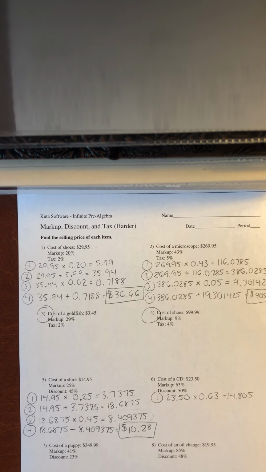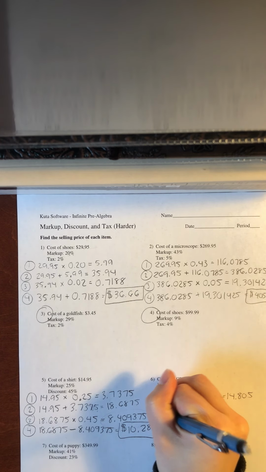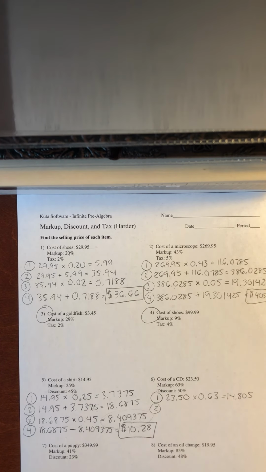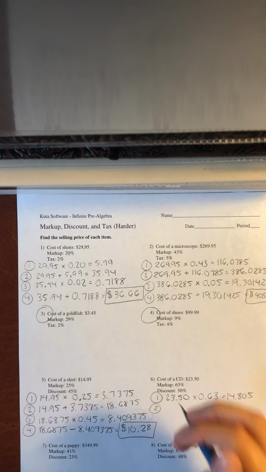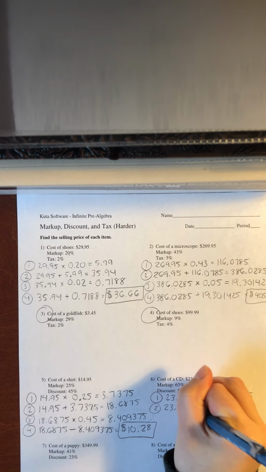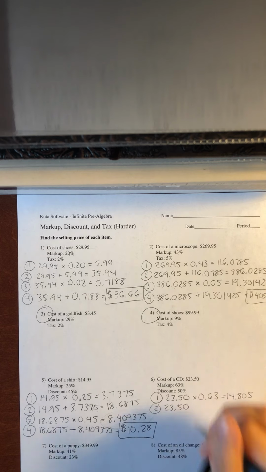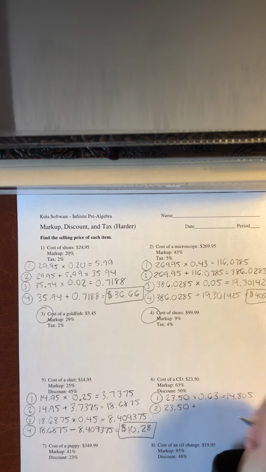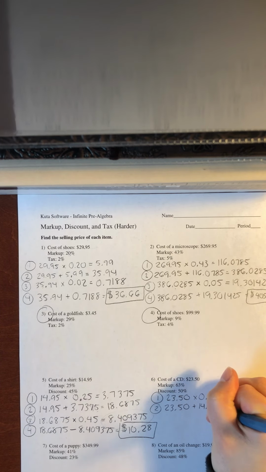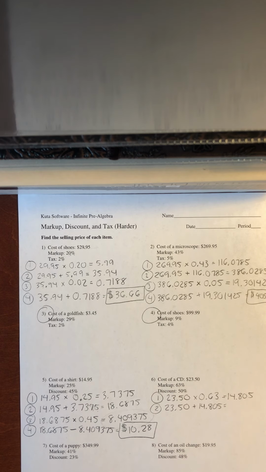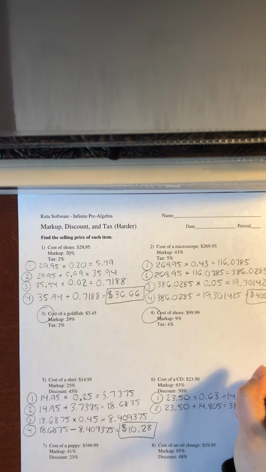Pause the video if it's going a little too fast. Number 2, step 2 is we have to now take the cost of the CD, which was $23.50, and we have to add that markup, which was 14.805. And when you add those two numbers, you will get 38.305.